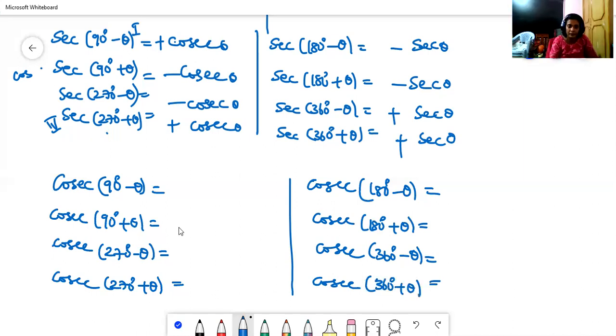Again, in the first quadrant, cosec is positive. For 90 and 270, cosec becomes sec theta.